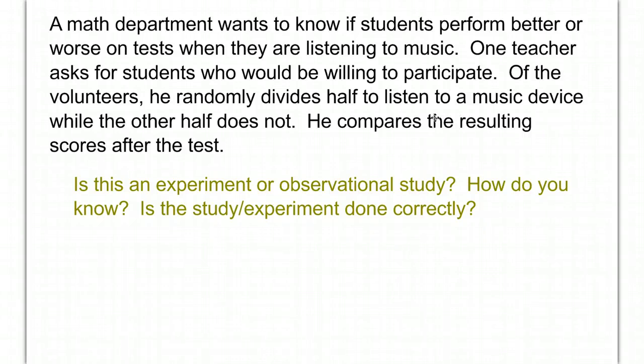And of the students who volunteer to participate, let's assume that all of the students who volunteer would have to be willing to do one or the other, to either listen to music or not listen to music. And randomly divides half of them to be in one treatment, half of them to be in the other, and then compares the results. Is this an experiment or not?